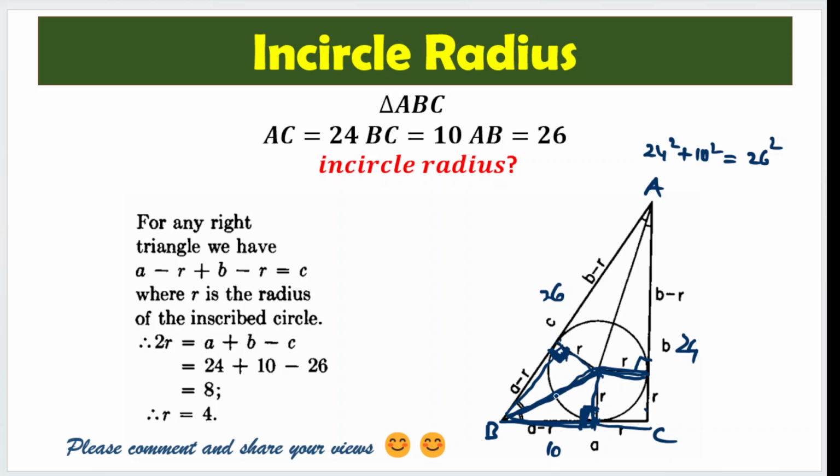One angle is a right angle, the hypotenuse is the same, and one of the sides, the radius, is also the same. That means the other side is automatically the same. What does that mean? If this becomes a minus r, this also will become a minus r.